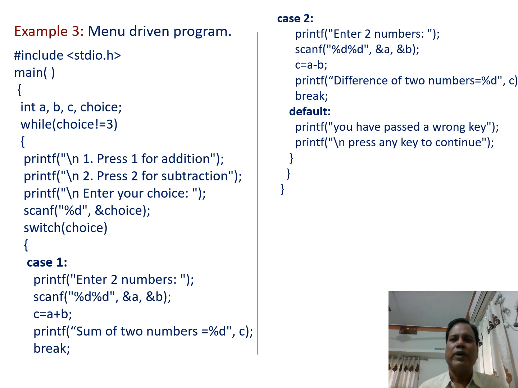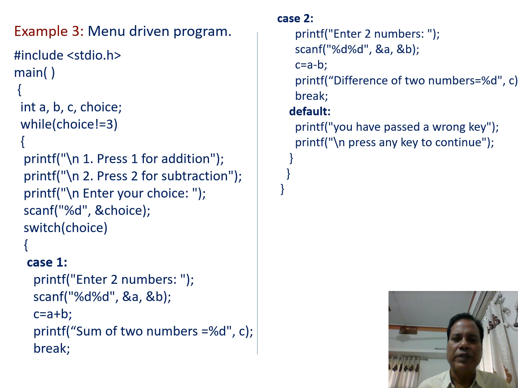Whenever we want to exit from the loop as well as from the program, we enter 3, and if any other key is pressed, we go to the default case. Whenever we press choice 1, that is, we enter 1 for addition of two numbers, that is compared here with case 1.